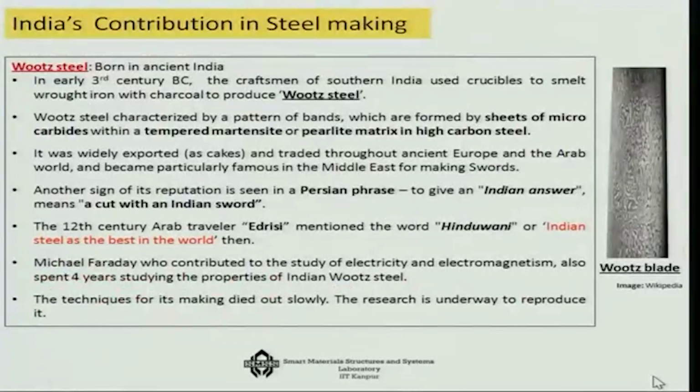Now, India's contribution, if I highlight a little more in terms of wood steel, because it is still a mystery how wood steel became so famous.